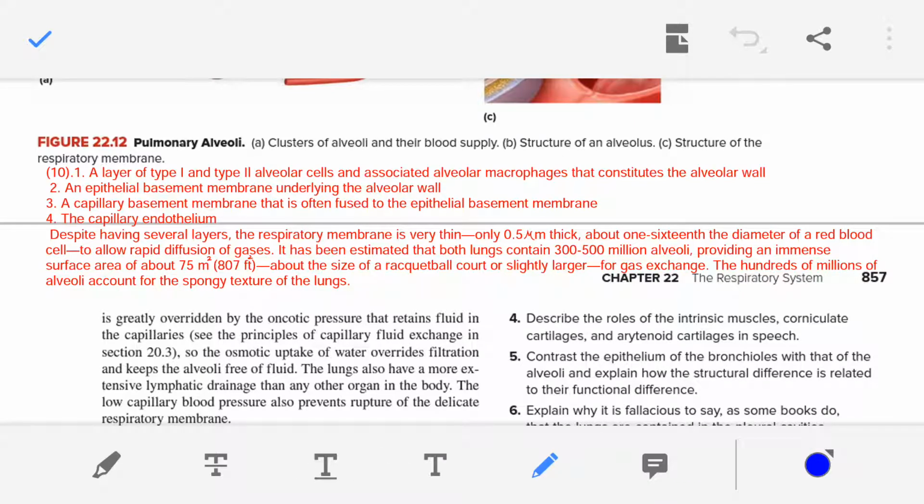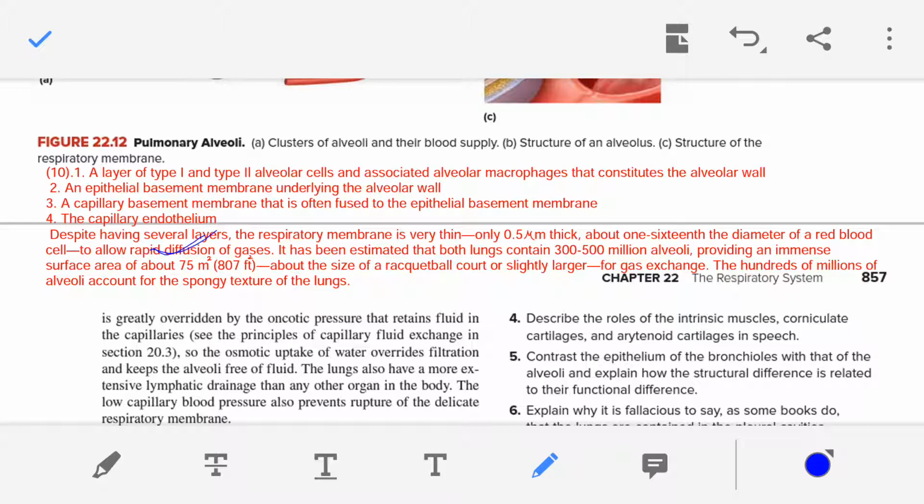And since this membrane is very thin, what happens? Rapid diffusion of gases. From the capillary, CO2 very rapidly diffuses into the alveolar space, and from the alveolar space, oxygen diffuses very rapidly into the capillary blood.